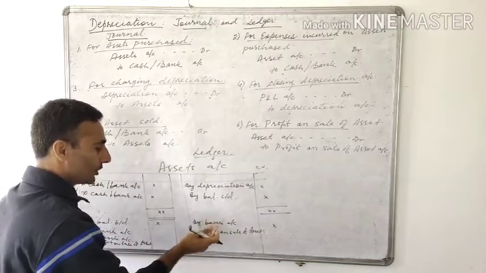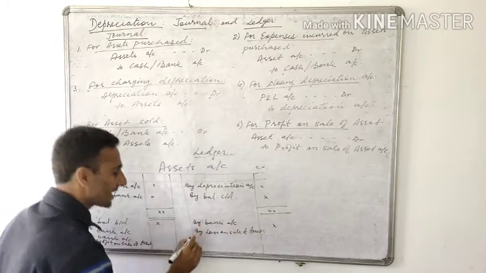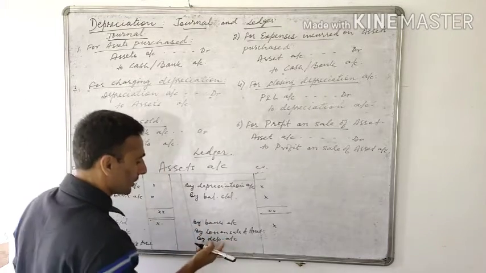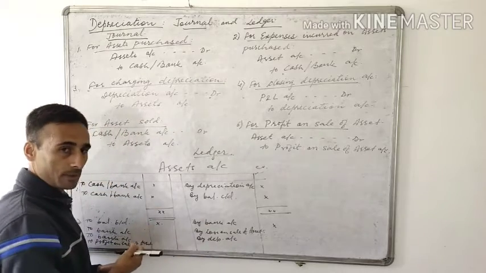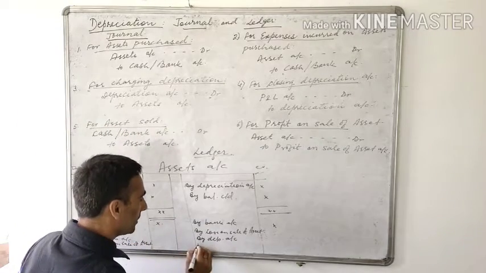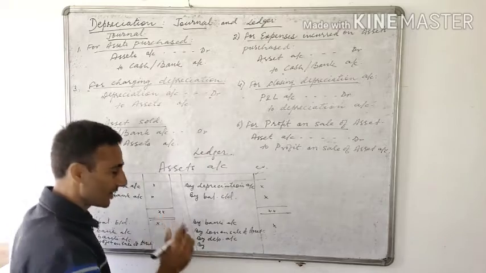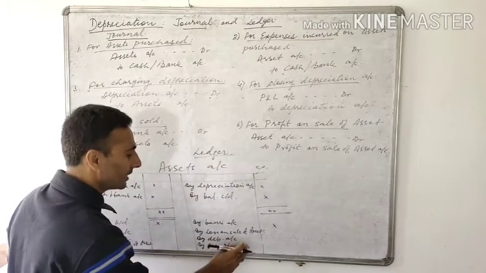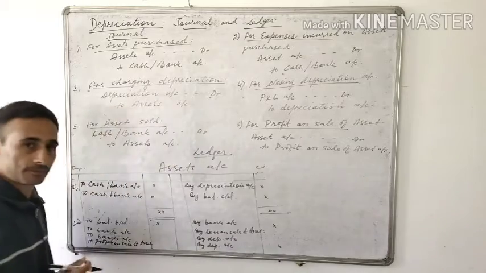Right? Then you need to make entry for the depreciation on this asset. So by depreciation account. So this depreciation is on machine sold. Right? Then there will be another depreciation for the remaining asset. So you have by depreciation account. This is for remaining asset. We'll make the entry here.